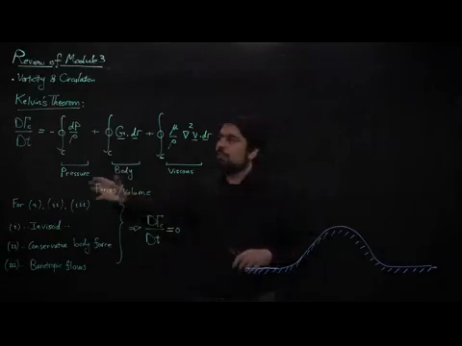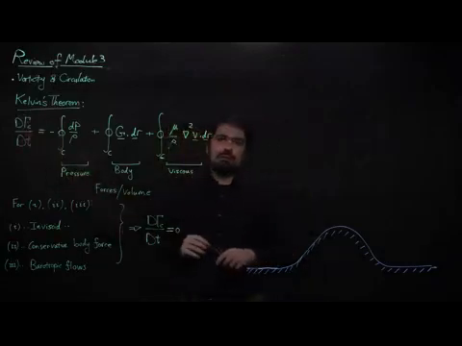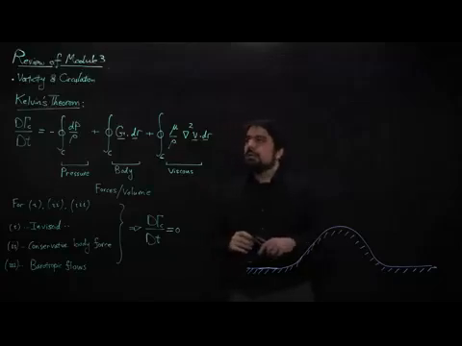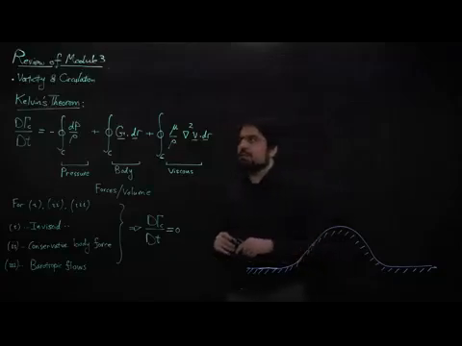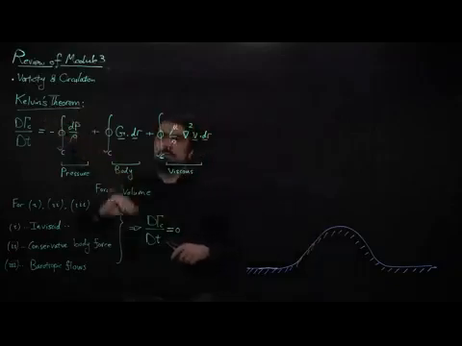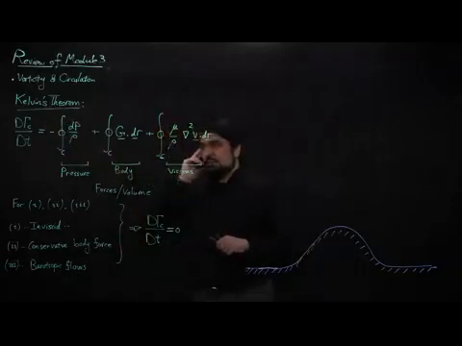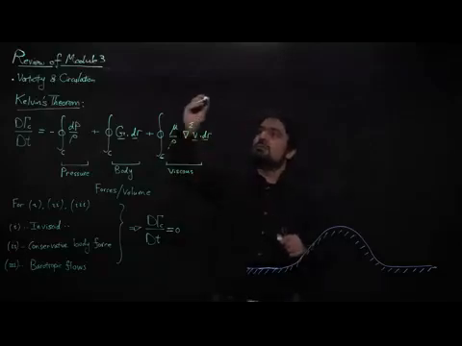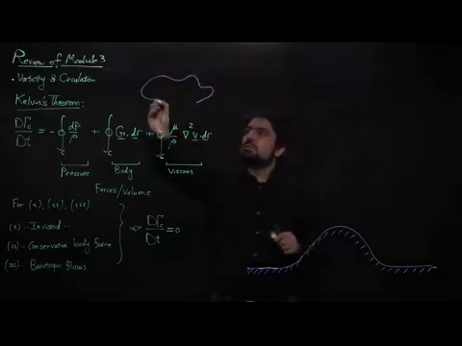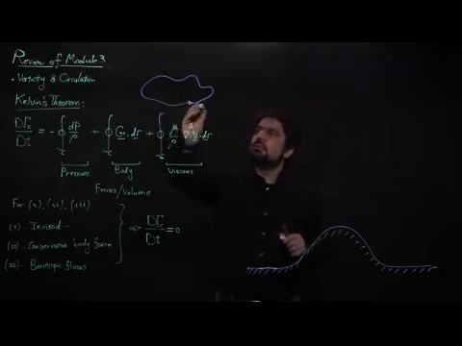The idea that was introduced there can be mathematically written in a robust way, and that's what Kelvin's theorem tells us. Kelvin's theorem tells us that if you have a closed curve, which you can show by, for example, a closed curve like C, like this.